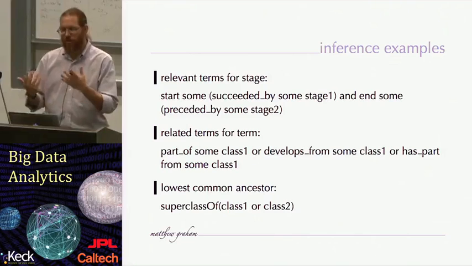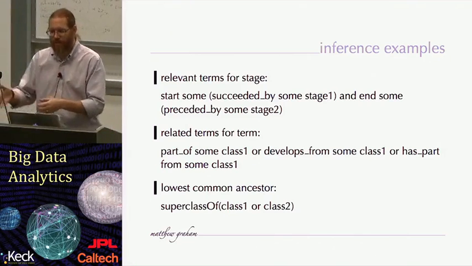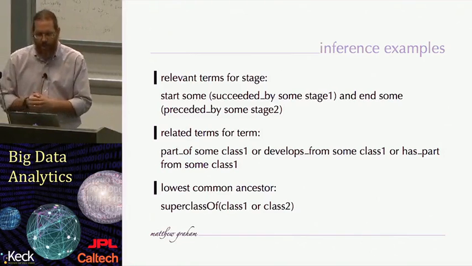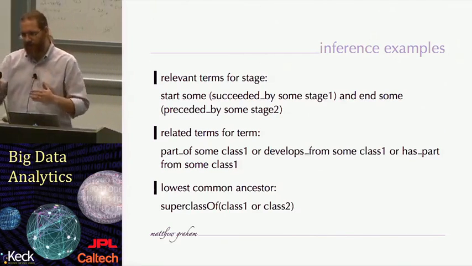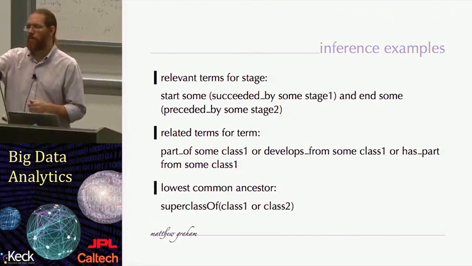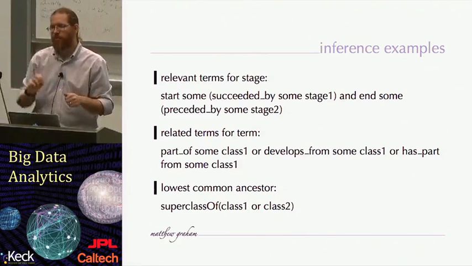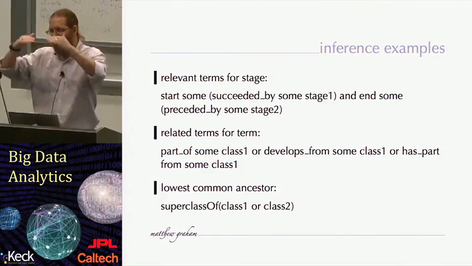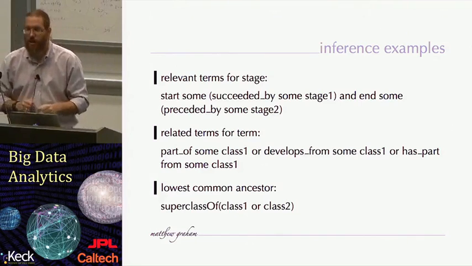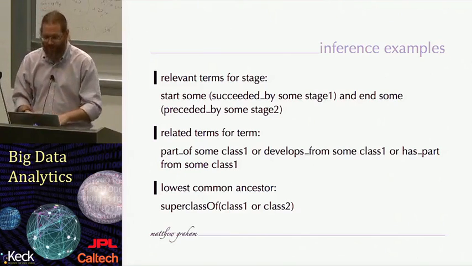Or we may want to search for terms which are related to a particular term in some way from some class or whatever. Or we may want to find two classes and we're looking for the lowest common ancestor in the hierarchy because we want to use that as a single search term which would then encompass both terms in a hierarchical fashion that we're interested in doing. And we can use logical inferencing for finding all those sorts of problems.